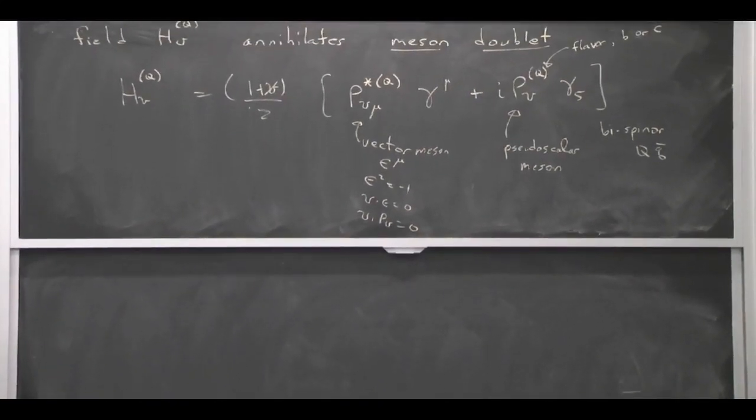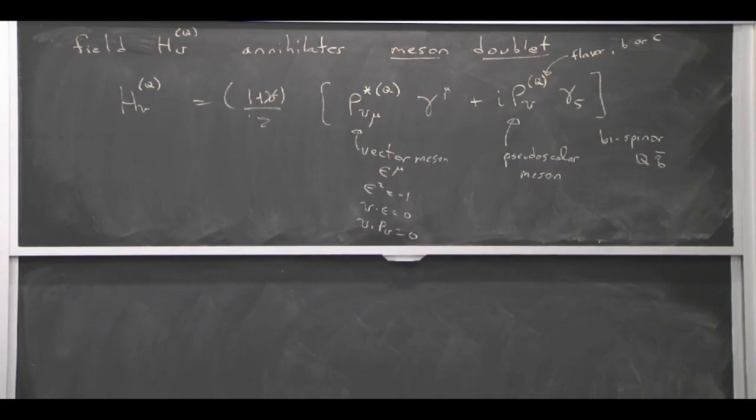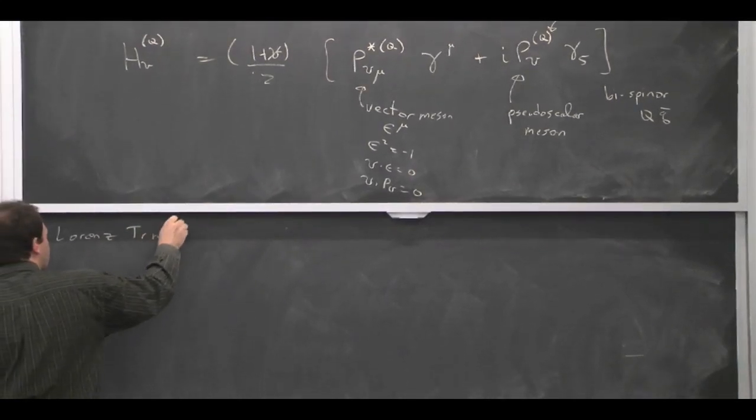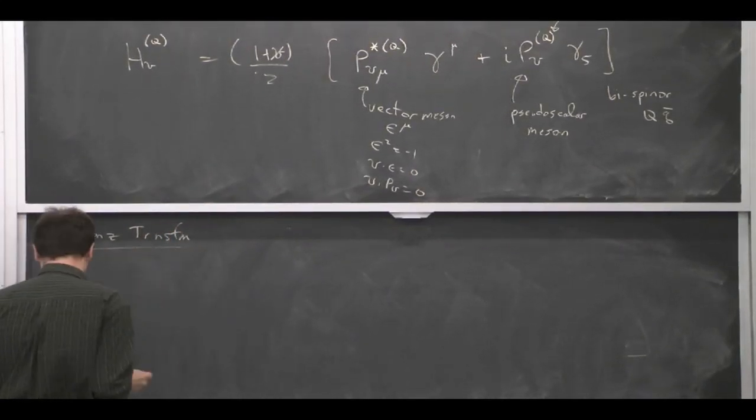So what are the transformation properties of this? It's a bispinor. If you do a Lorentz transformation, it transforms like a bispinor should under a Lorentz transformation.